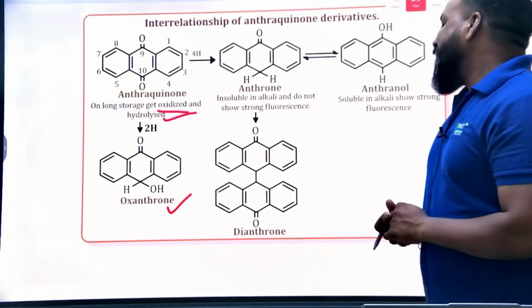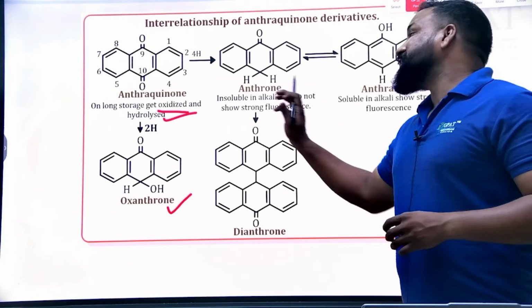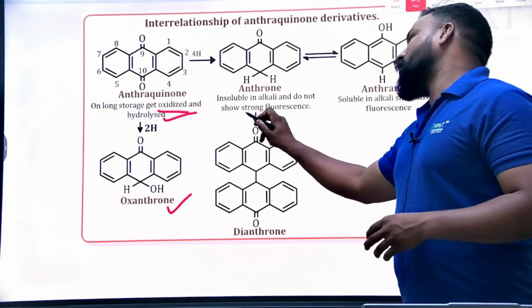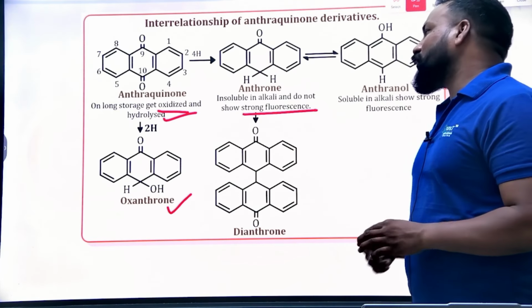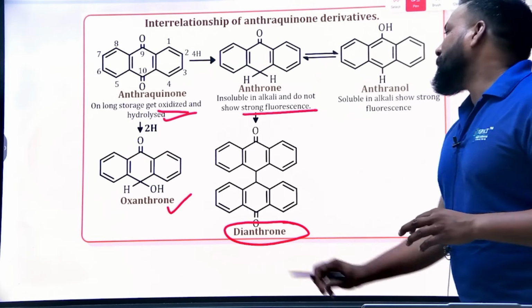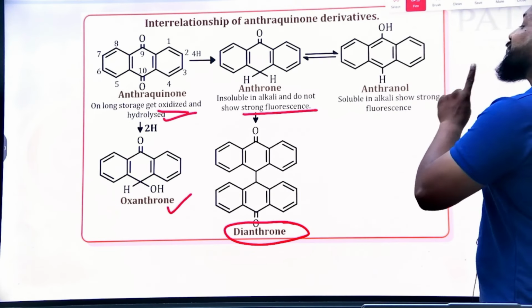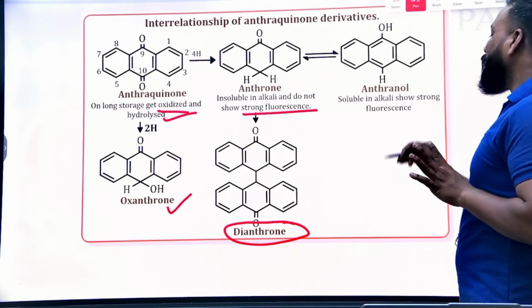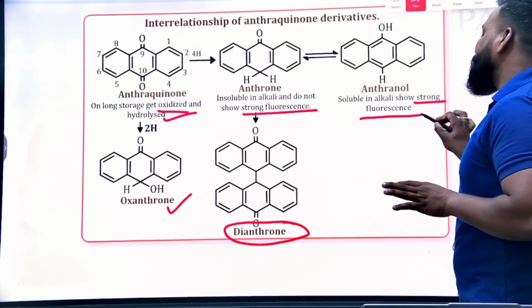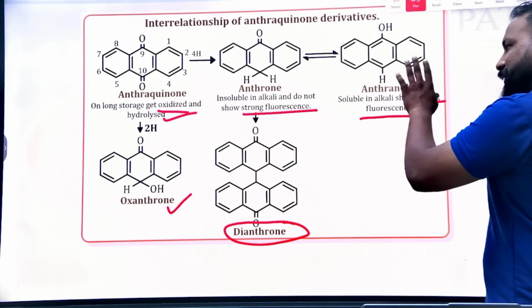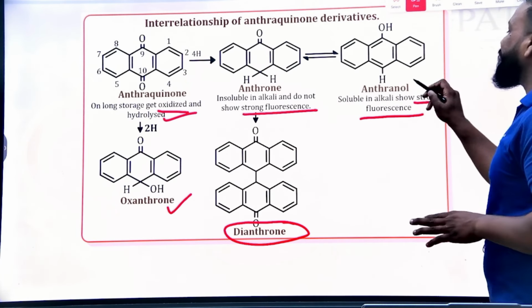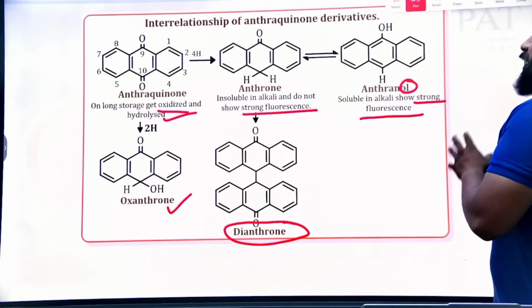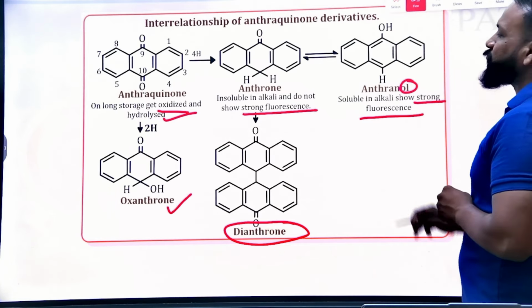Anthraquinone is insoluble in alkali and does not show strong fluorescence. From anthrone we get the dianthrone. Whereas anthranol shows a strong fluorescence. It is soluble in alkali because it contains a hydroxyl group already.